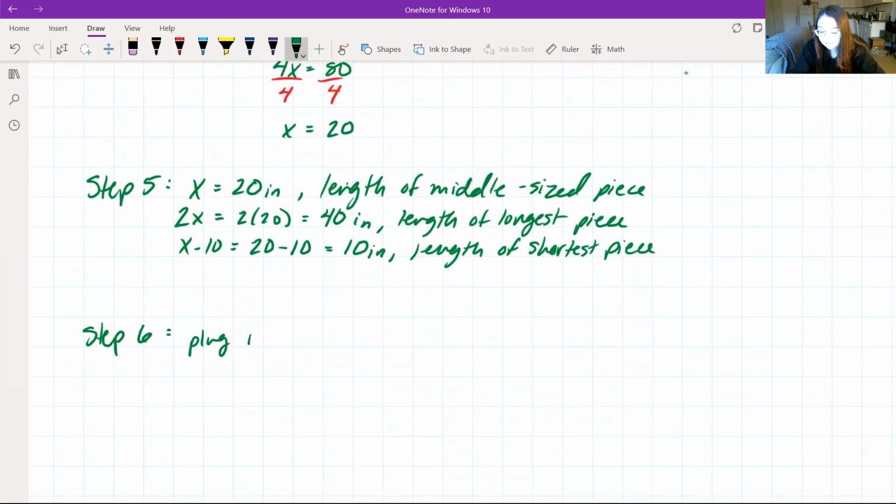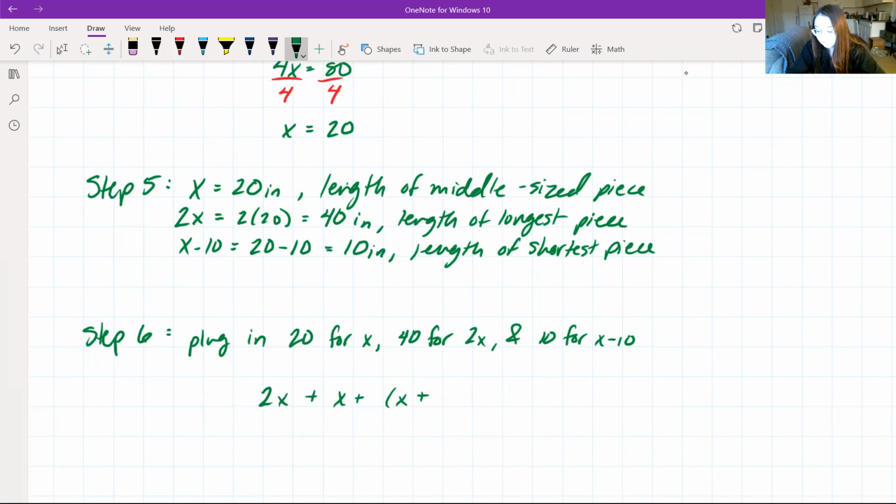So we want to plug in 20 for x, 40 for 2x, and 10 for x minus 10. And our original equation was 2x plus x plus x minus 10 is equal to 70.